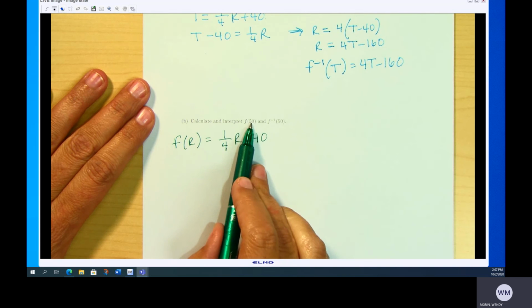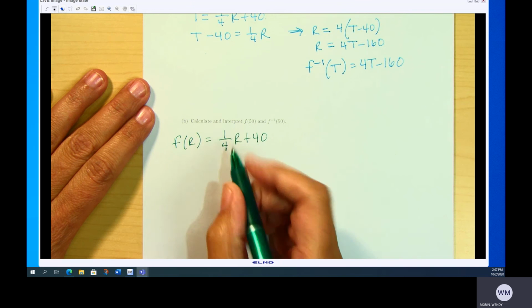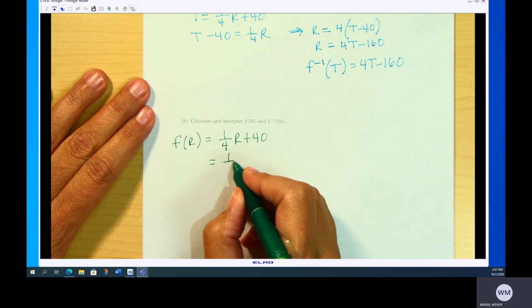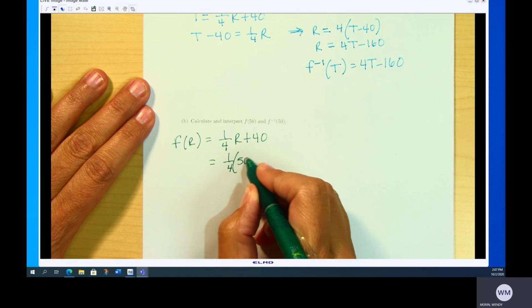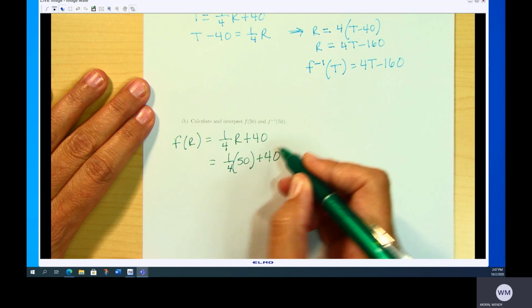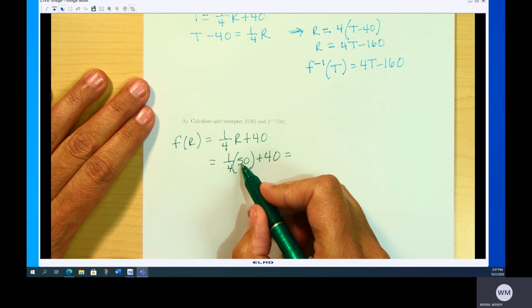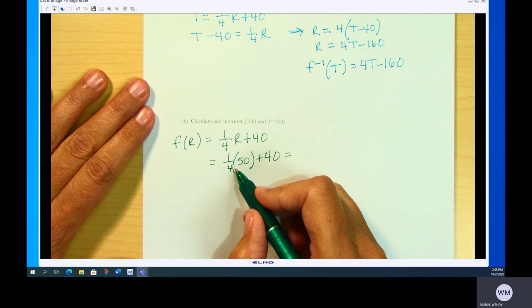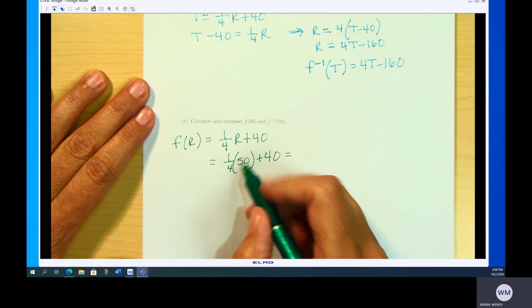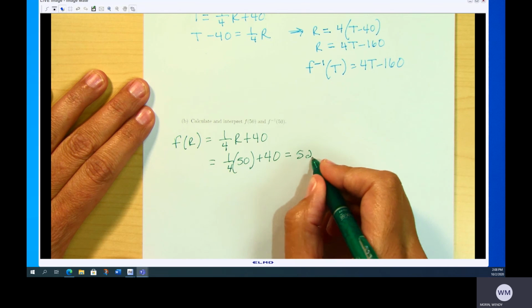This 50 is our input into this equation. So 1/4 of 50 plus 40. 50 divided by 4 plus 40, that is 52.5.